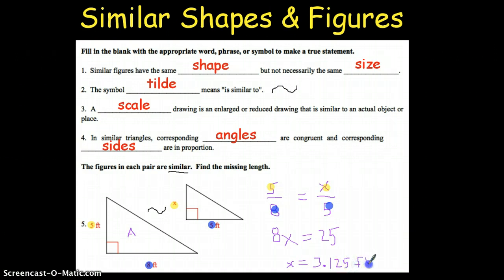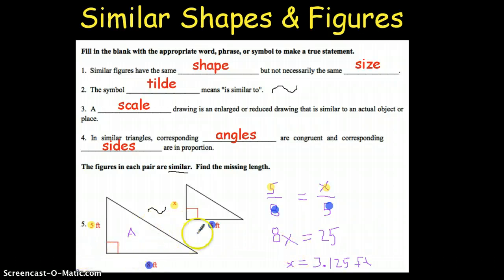So what we've just found is that for the value of x in this triangle, right, is 3.125, and that actually makes sense. Since 8 is larger here, that in this triangle A, that means that this 3.125 should be smaller than 5 here, just like 5 is less than 8 in A. So x was equal to 3.125 feet.